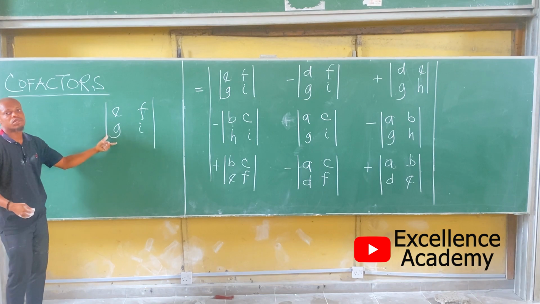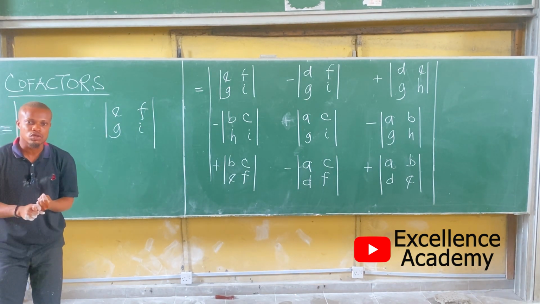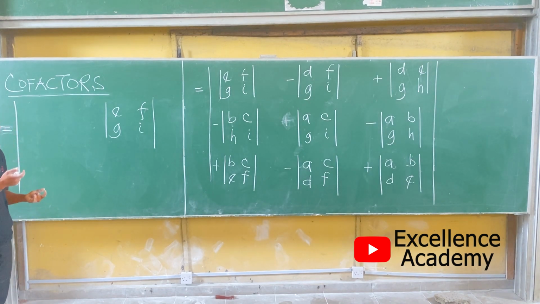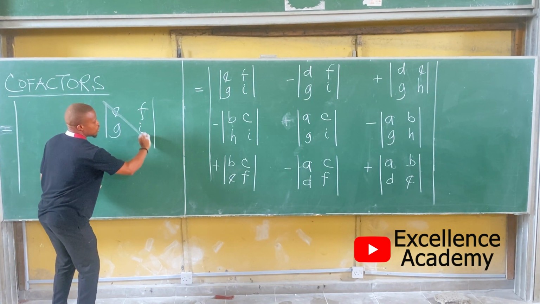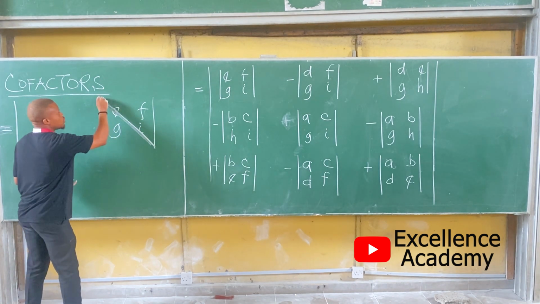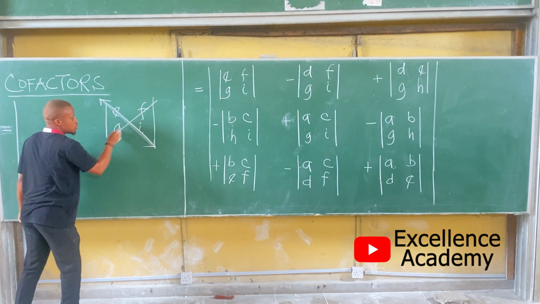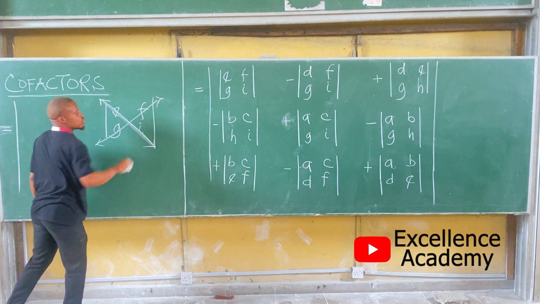In getting your determinant, you say what? The product of the leading diagonal minus the product of your second diagonal. So this is your leading diagonal or your principal diagonal. Your leading diagonal goes out this way, and your second diagonal goes out this way. I said product.